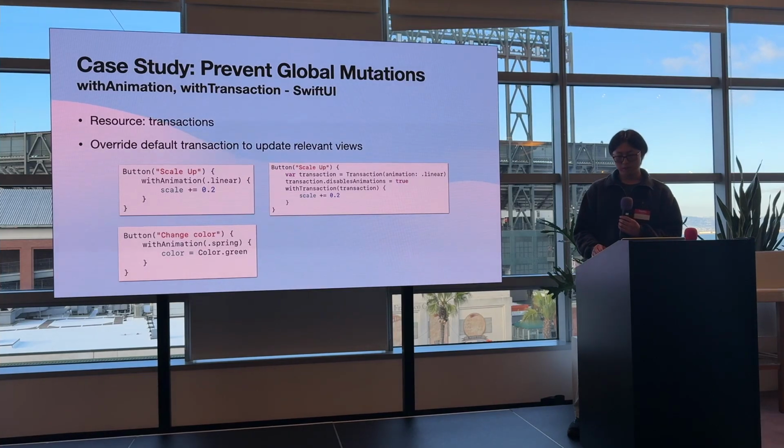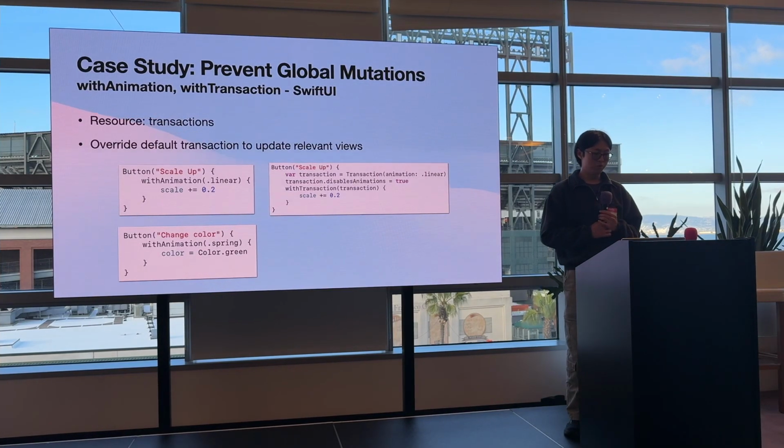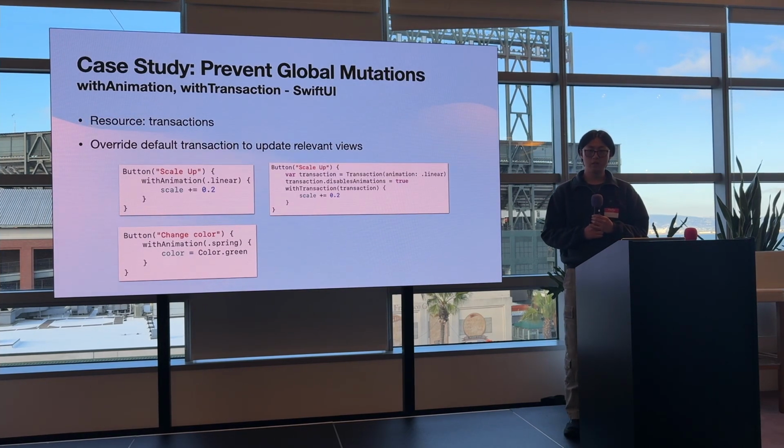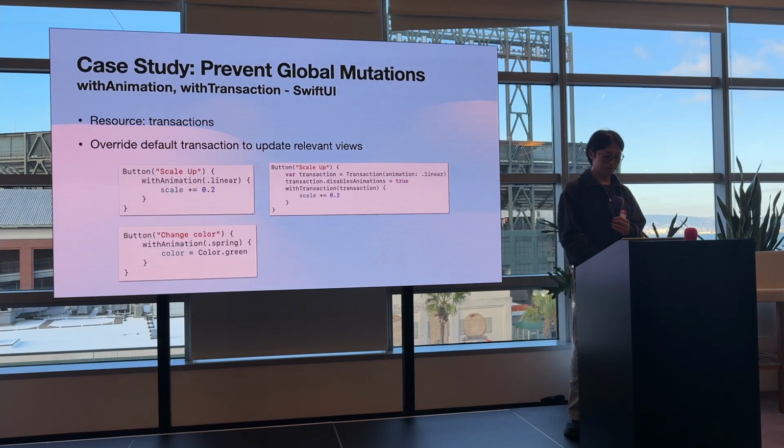Its benefit is that if you want to use a linear animation to animate the change of a scale property and another animation for color, those two animations won't interfere with each other, and they won't affect the animation used to transition other views and properties.